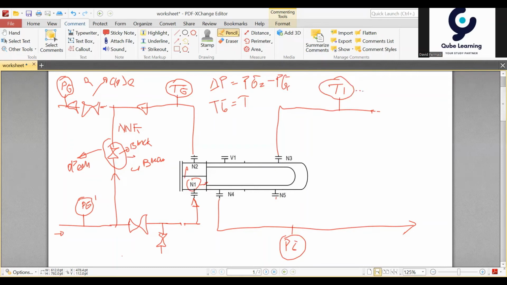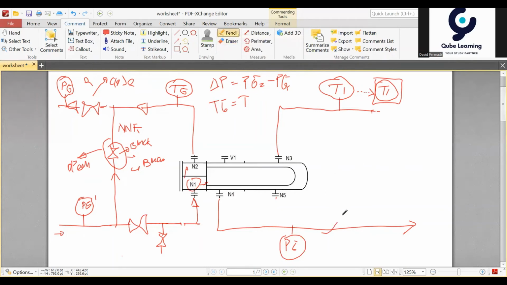Because we need to send the signal to the BPCS, and you need to evaluate the TI via the BPCS, and we can see the temperature that we have.